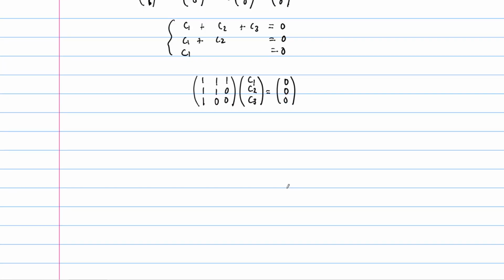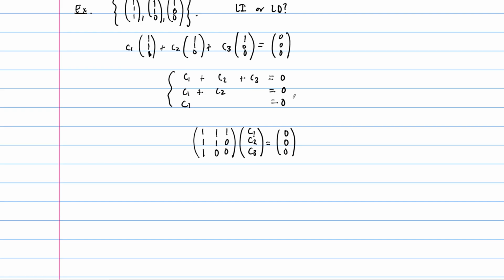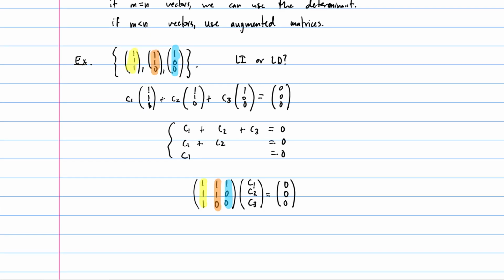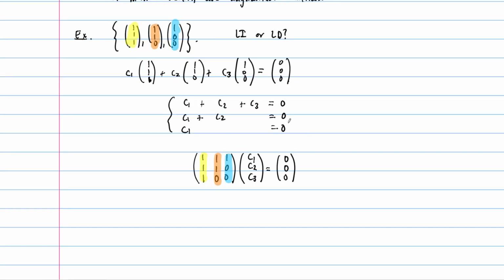Okay? And so at this point, we have our matrix equation, and look how the columns of the matrix correspond to the vectors that we were given. They are exactly the same, right? And so it turns out that given our list of n vectors, so this is the case when we have 3 vectors in R3, when you're given the same number of vectors like this, you can just look at the coefficient matrix that you obtain by dropping all the decorations here, right?